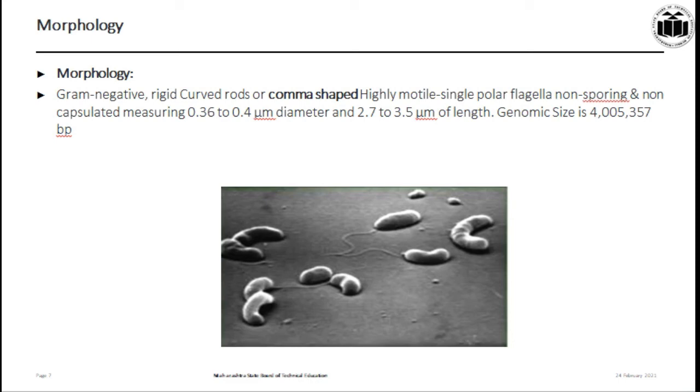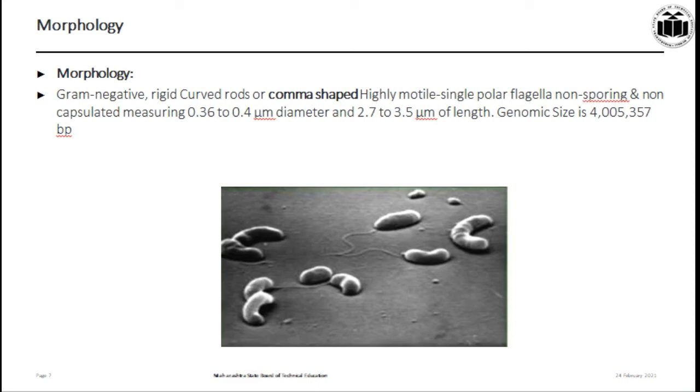Secondly, the most unique morphology seen in Vibrio cholerae is its shape under the microscope, which seems to be a rod shape, but it is like a comma in shape. Hence the comma shape is the most unique characteristic of Vibrio cholerae bacteria.